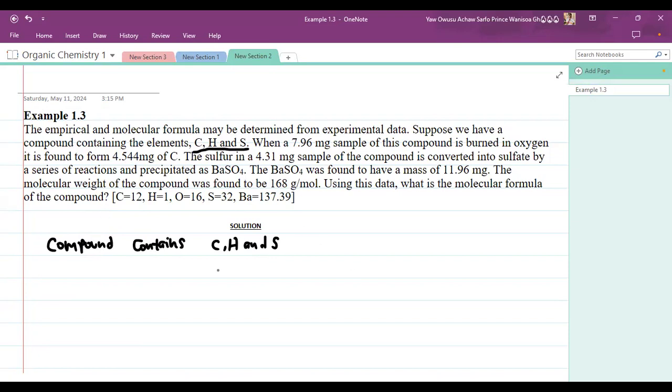And the molecular mass has been given. The molecular mass of the compound is equal to 168 gram per mole.